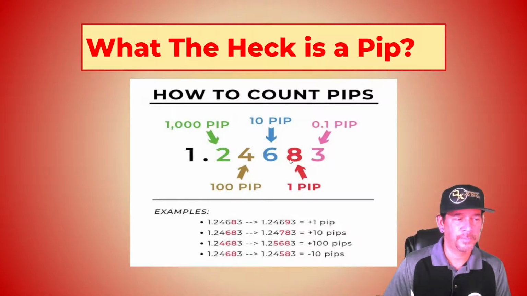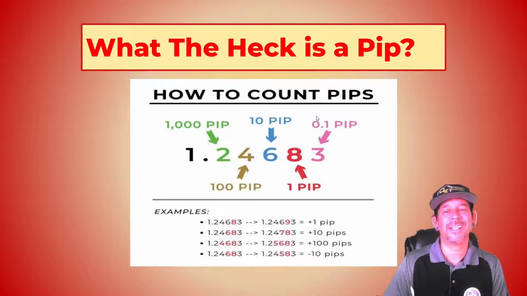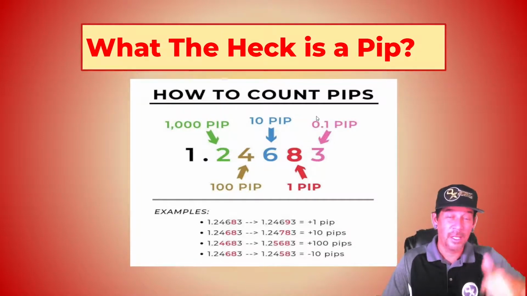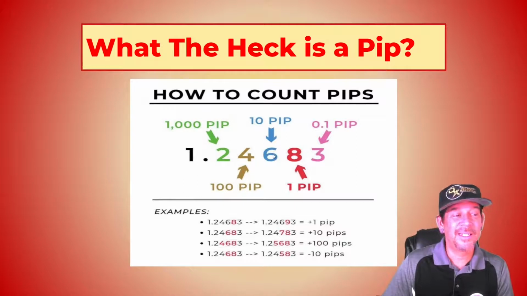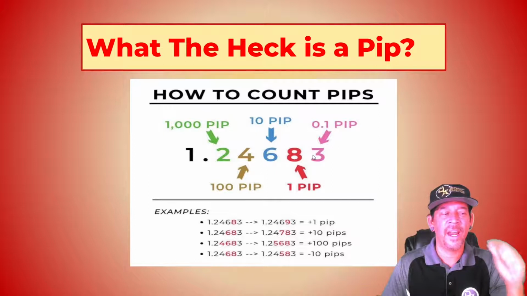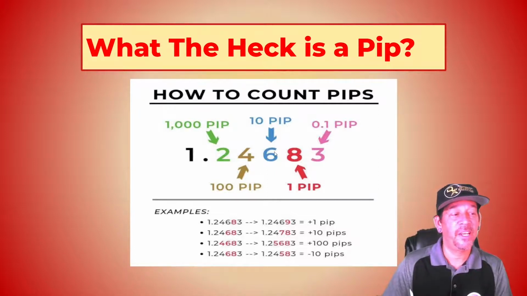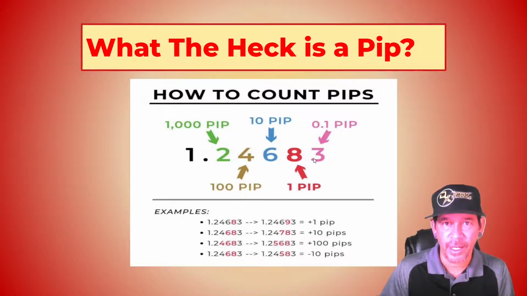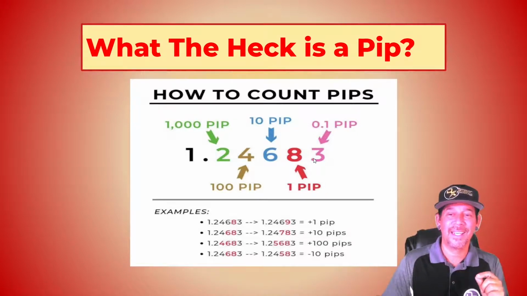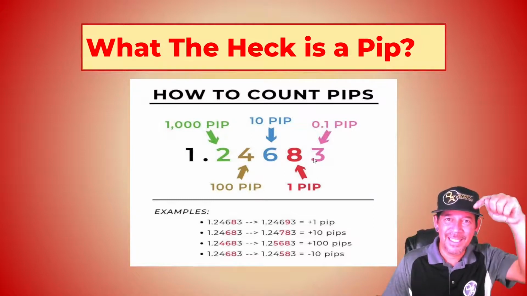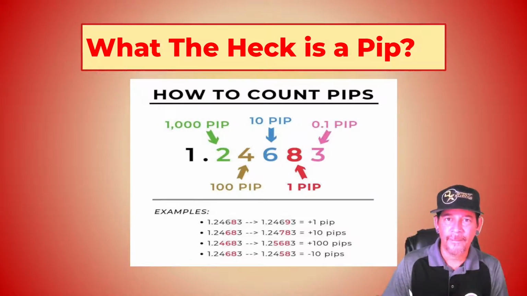So if this number right here, 1.24683, went up to 1.24693, then we have just witnessed a 1 pip rise. If it goes down from 683 to 673, we have just witnessed a 1 pip decrease.